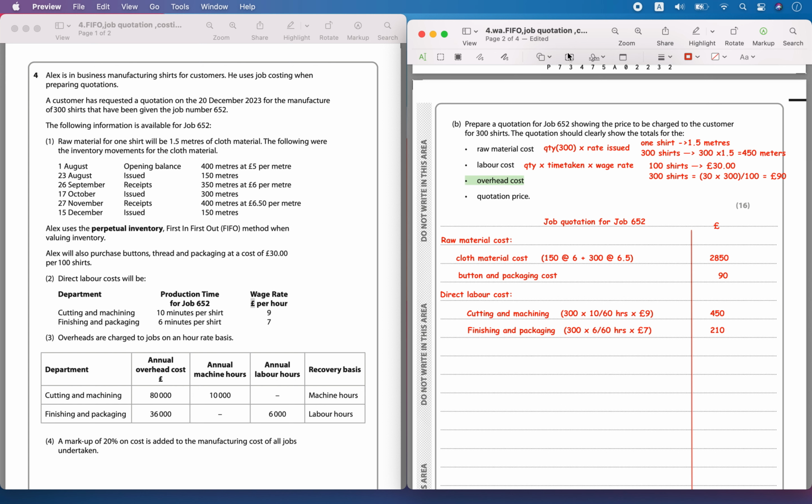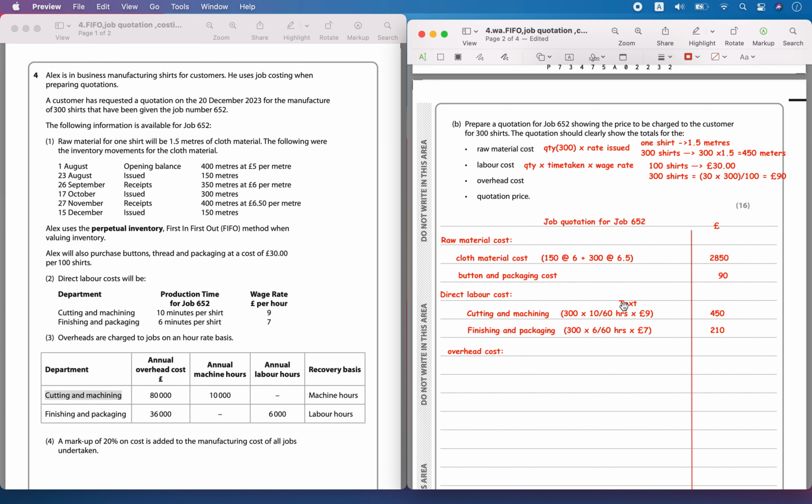Then we have to do overhead cost calculation. So let's calculate that. Overhead cost also we have to calculate for the two departments, cutting and machining, and then we have the finishing and packaging department.